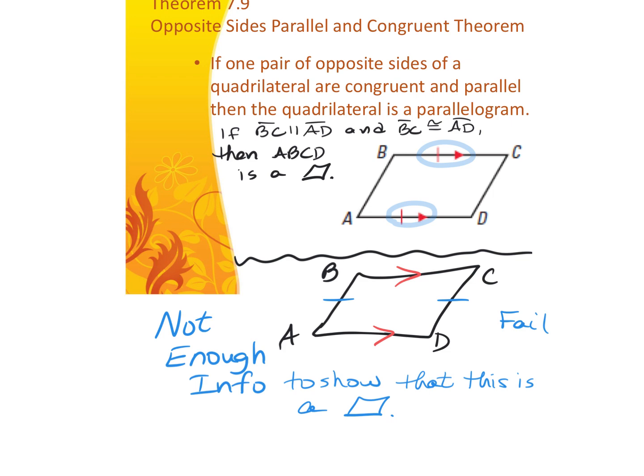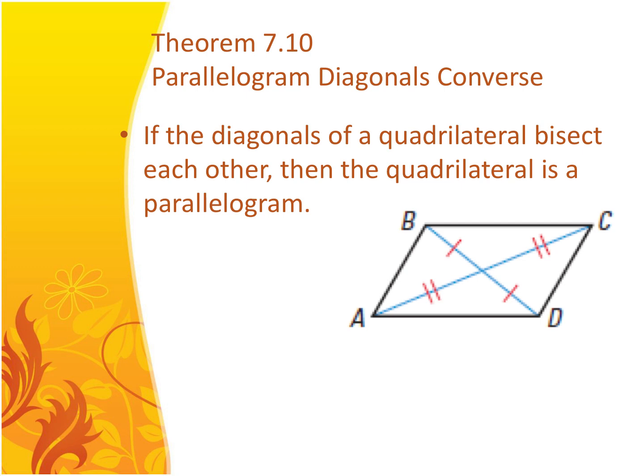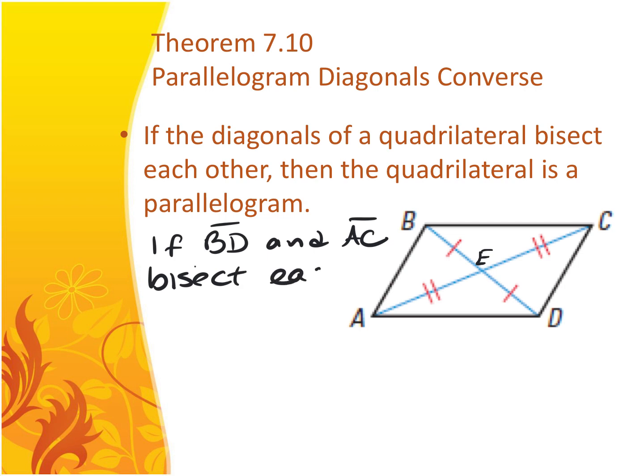Okay, now our fourth way is our parallelogram diagonals converse. So if the diagonals of a quadrilateral bisect each other, then the quadrilateral is a parallelogram. I'm going to add a little E here in the picture so I can make my statement. So I could state that if BD and AC bisect each other, then ABCD is a parallelogram.